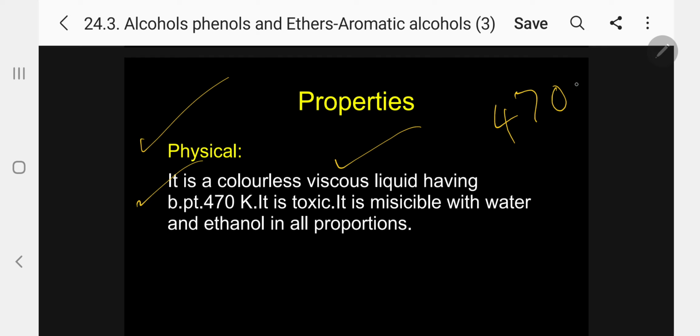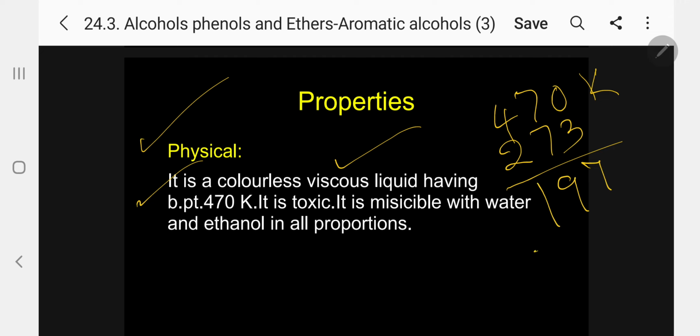That means you just subtract 273. So the boiling point is 197 degrees centigrade, almost 200 degrees centigrade.